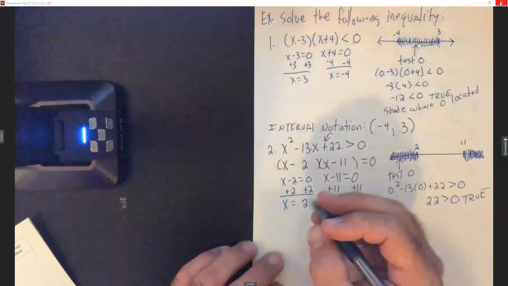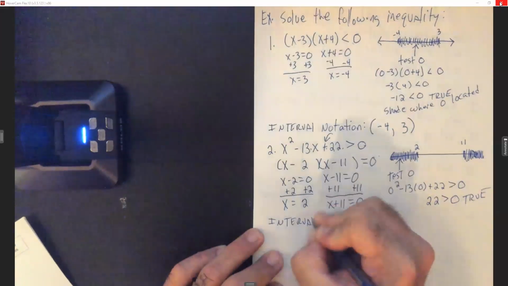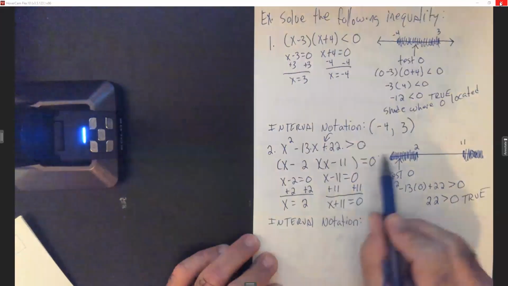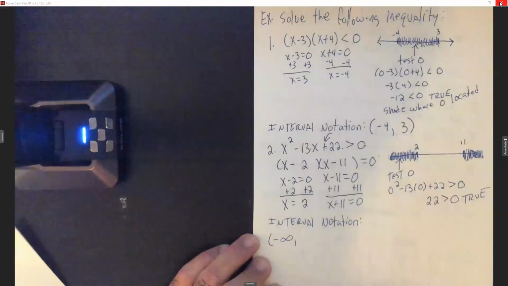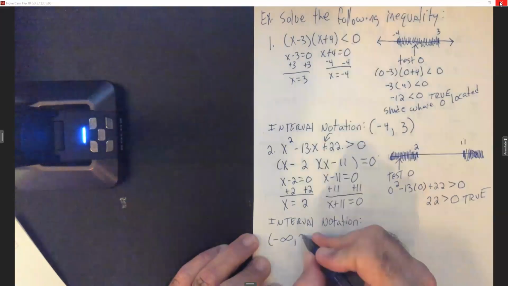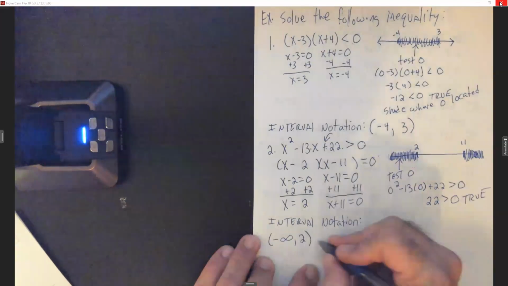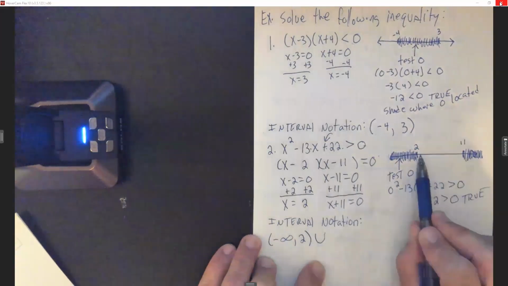So here comes the interval notation. Since this one is shaded over here, that means this interval is coming in from negative infinity. And you've got shading until you hit positive 2. So then at 2, now we're going to use the union because that means and, but we can't start from the 2 and go because that's not shaded.